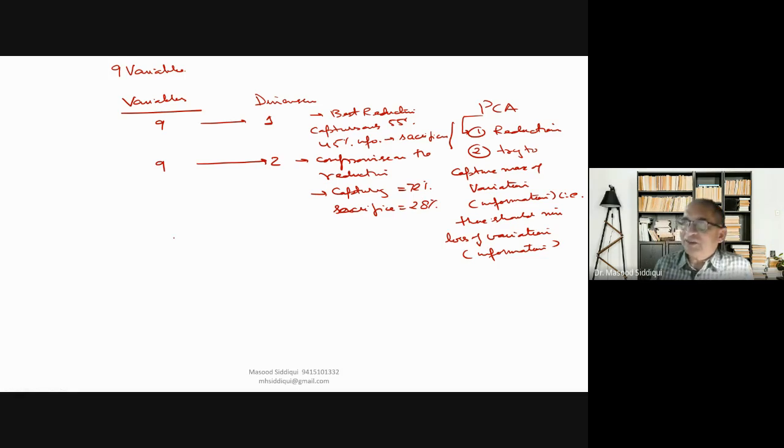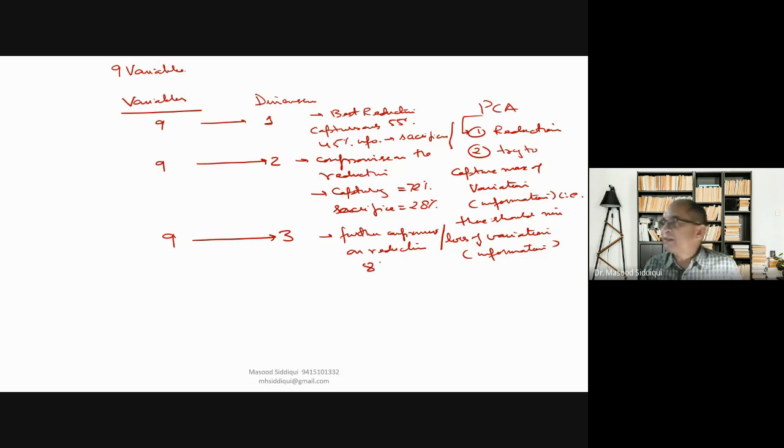We consider the further case, right? Suppose 9 variables are being reduced into 3 dimensions. So there is further compromise on reduction. But now we are capturing 84% of the variation, 83.959.